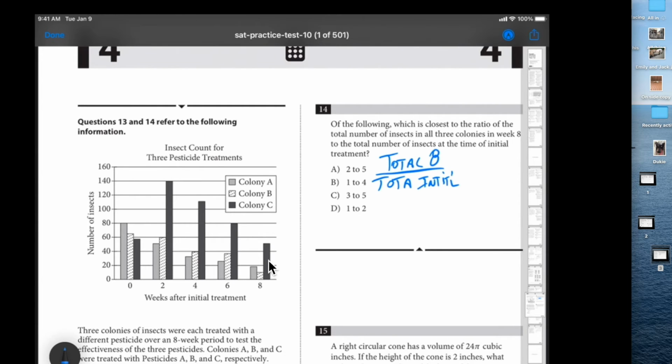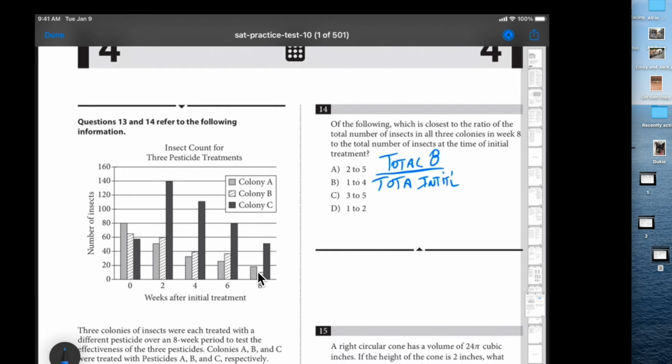We know that this total here is smaller, so we're looking at a ratio where the first number is smaller than the second. Okay, and that's true in all of them, so we can't cancel any of the choices out. Now you see this phrase here, which is closest? That's a license to round off as you do this computation. Okay, so let's be very liberal in our rounding off process.